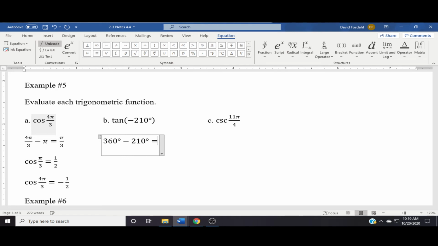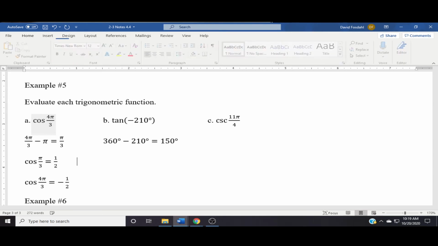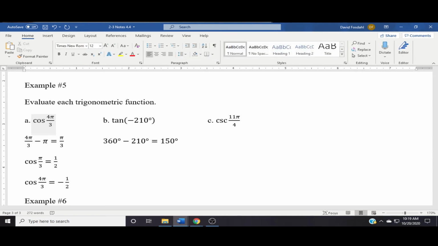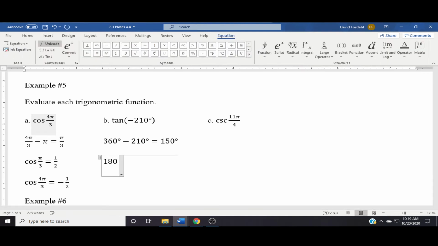And that's going to equal 150. So we're going to start with 150. We need to find its reference angle. Its reference angle is going to be 180 minus 150, which equals 30.